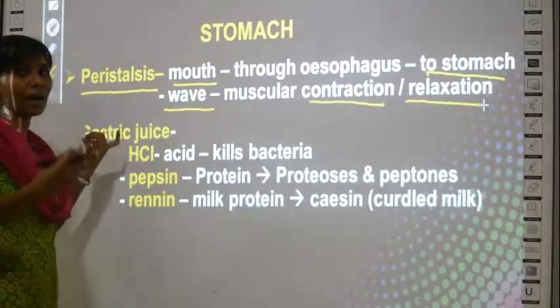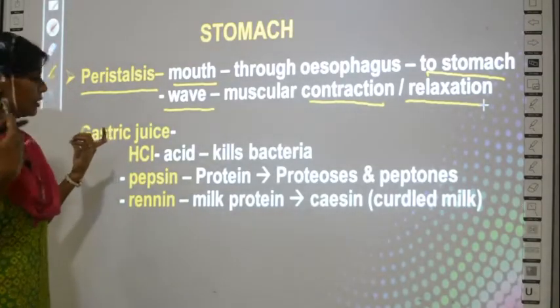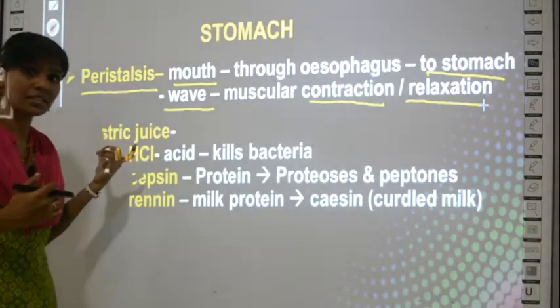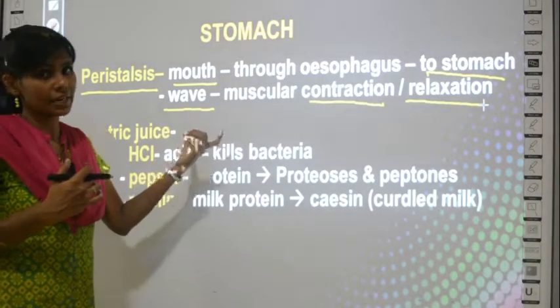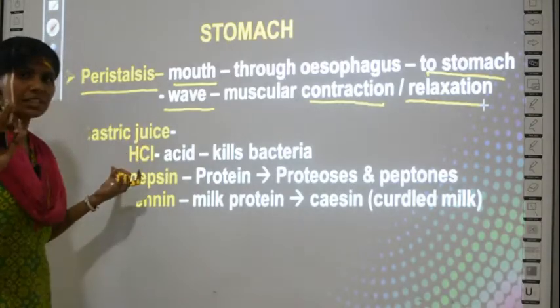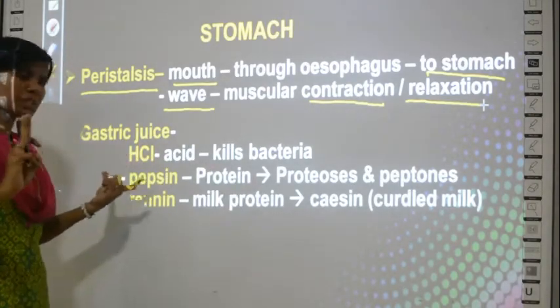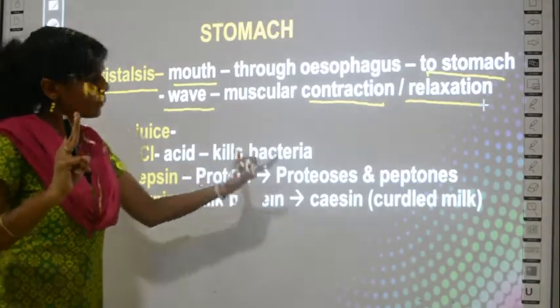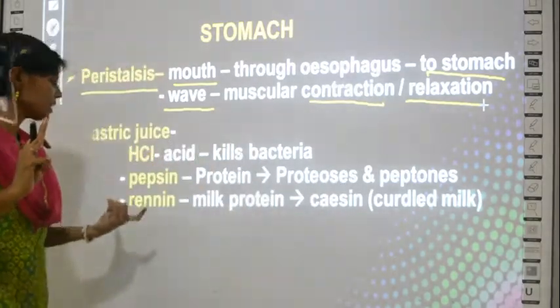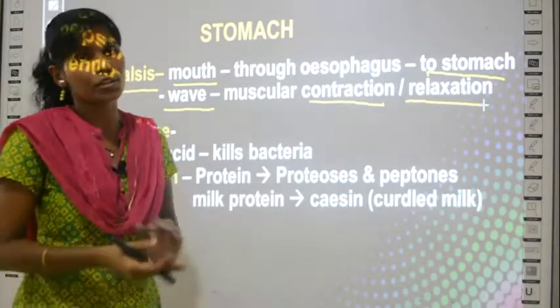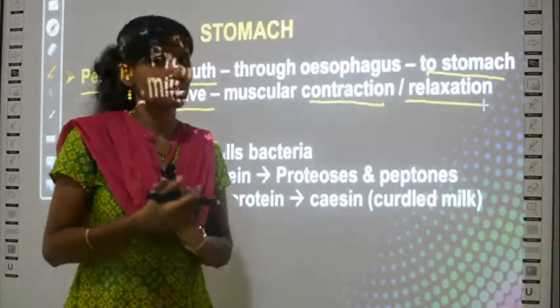Next, you will have enzymes to digest in your stomach. Those enzymes are present in a juice called gastric juice, from the gastric gland, and they have three substances: hydrochloric acid, which can kill bacteria; pepsin, which will break protein to proteoses and peptones; and renin, which will break milk proteins into casein. So this is all happening in the stomach.